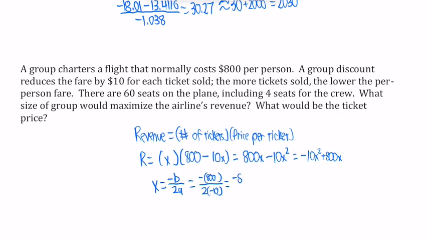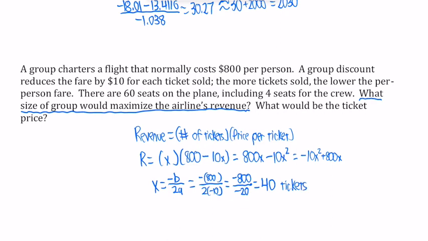This gives us negative 800 divided by negative 20, which is 40. And we can actually stop there. It's not asking what the maximum revenue would be. It's just asking what size group we would need to maximize the revenue. So we would need to have 40 tickets or 40 people to maximize the revenue.